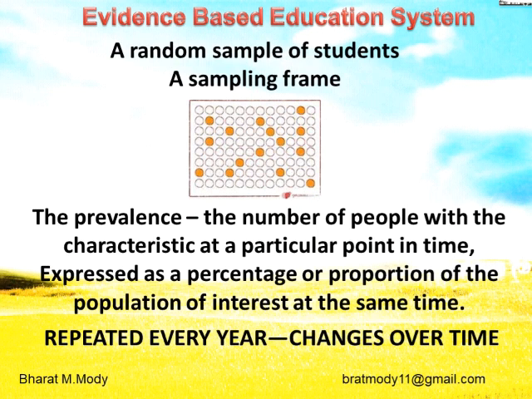The prevalence and the number of people characterized at a particular point of time was taken and expressed as a percentage or proportion of the population of interest. This was repeated every year so that the same students were being followed over the 4 years, and that is why this was very comprehensive, because the changes which take place in their characteristics could be tabled and could be evaluated or compared.